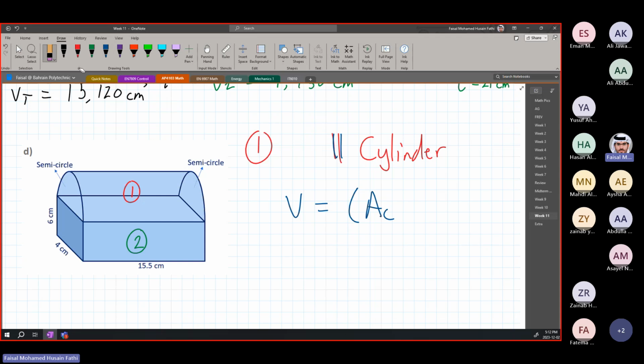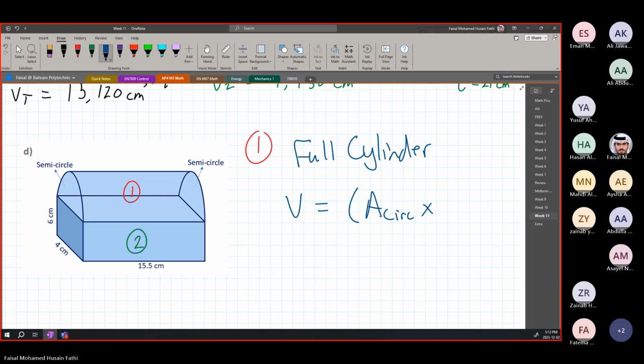I want to keep this in blue so you don't get confused, because it's not the actual shape we have. In this case, it's the extended length where this is L, from here to here.